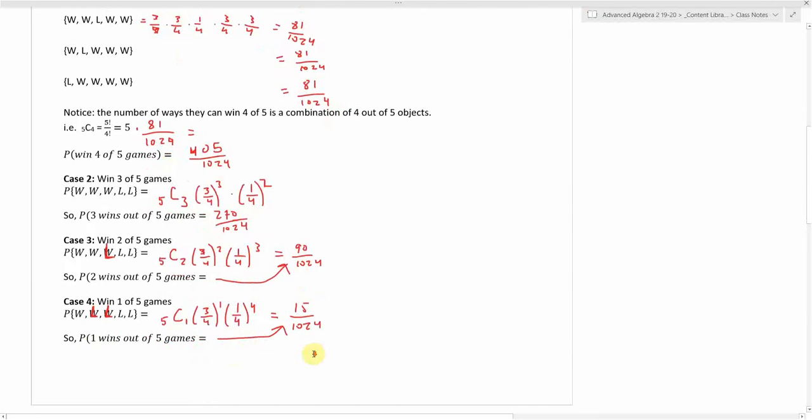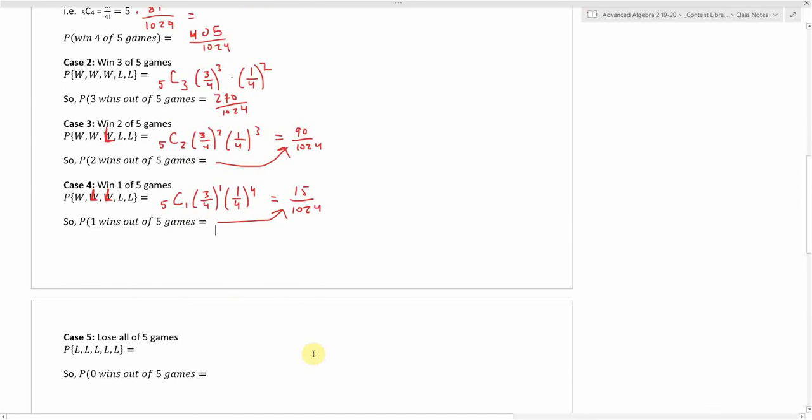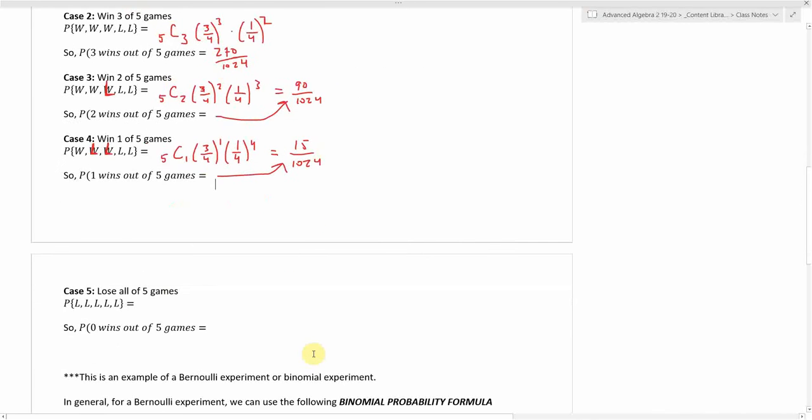Okay. And so the last case would be that they lose all 5 games. We already computed that as 1 out of 1024. That's essentially the probability of winning 0 games, same logic.